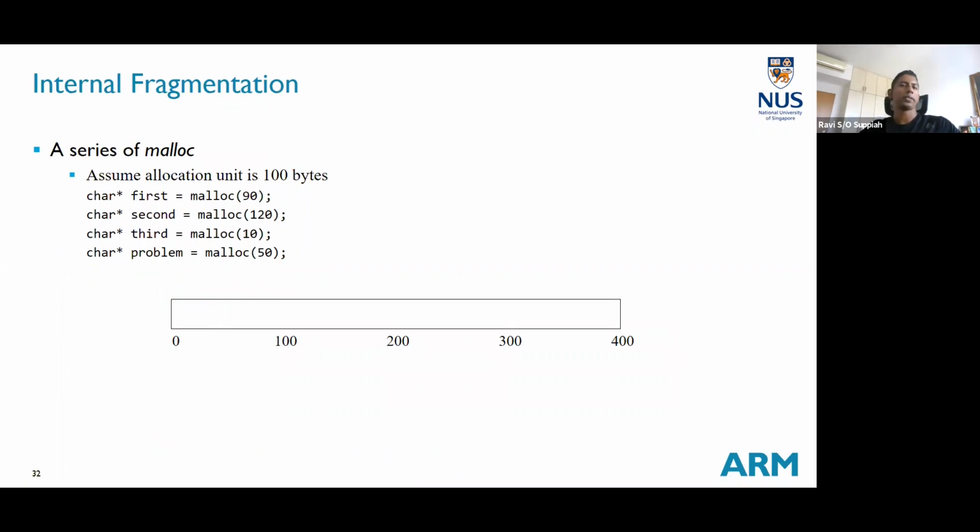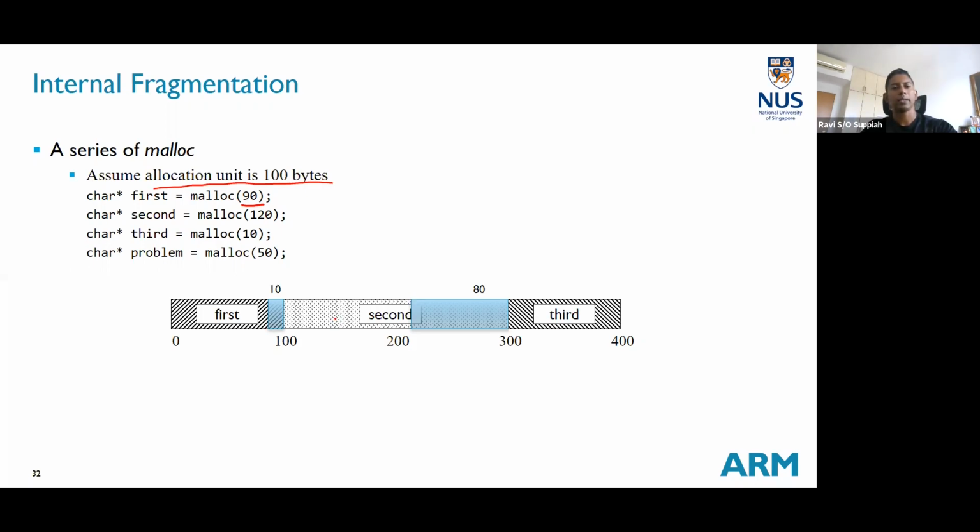All right, now how about internal fragmentation? So internal fragmentation, let's say now the malloc is done based on a particular allocation unit size. In this case, I say my unit size is 100. That means every time I ask, it will be a multiple of 100 bytes. So in the first case, I ask for 90, but I get 100 and I have 10 of it free. Similarly, I ask for 120, I get 200 and 80 is free.